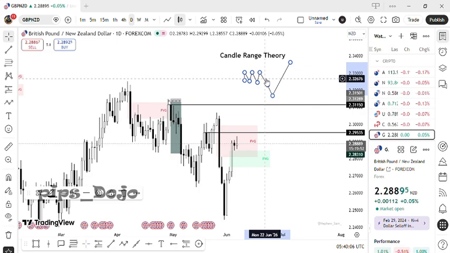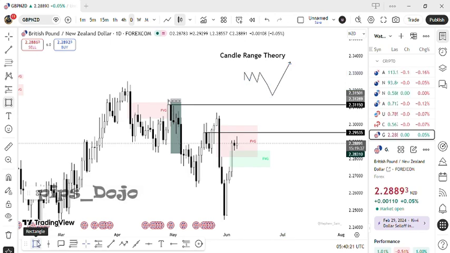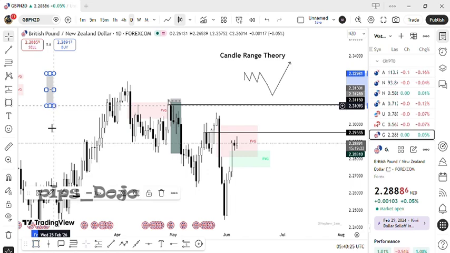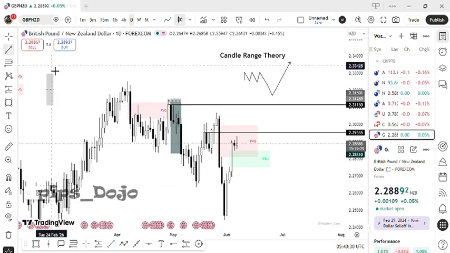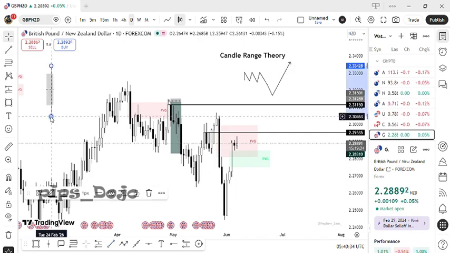But in this video, we'll be talking about the three candles CRT, where three candles determine the range. The first candle is the range of the CRT, and it is at the second candle that you know it's a CRT model.